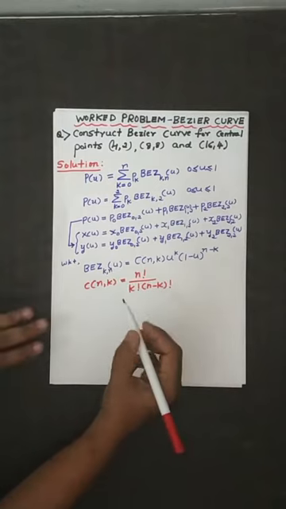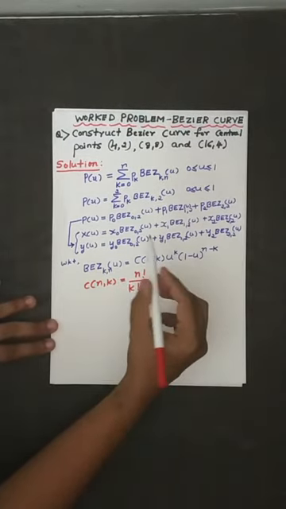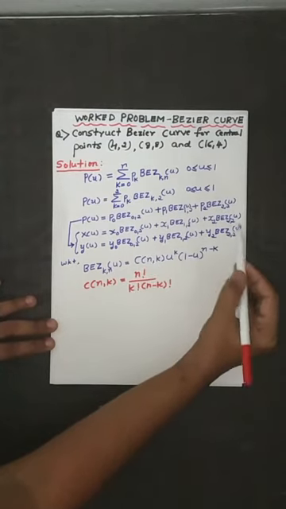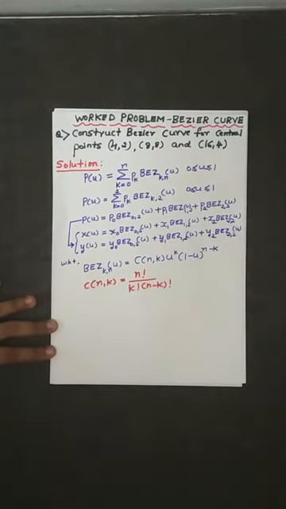So now you have to substitute k and n, and find out Bezier for 0, 2, 1, 2 and 2, 2.